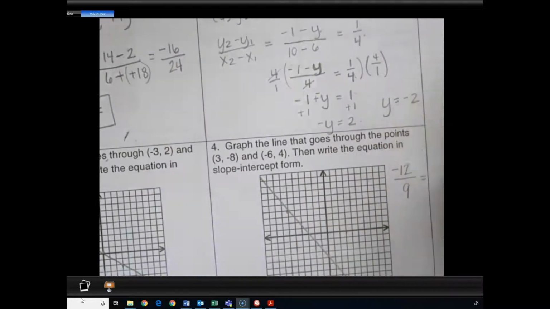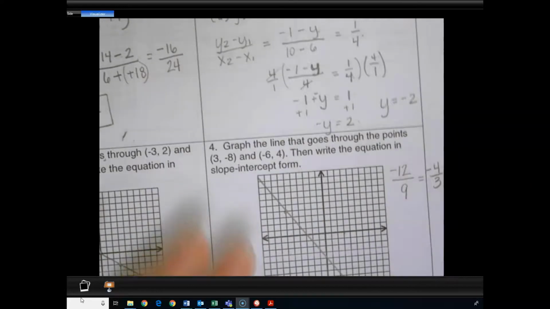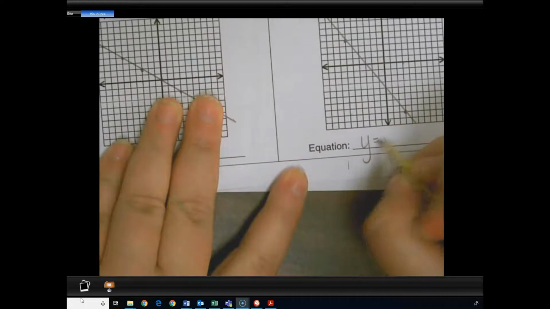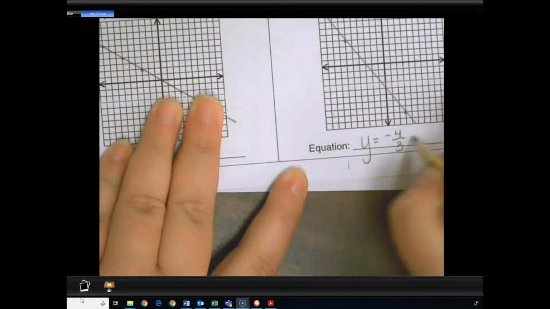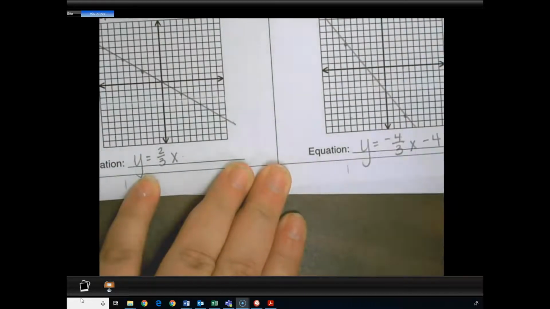That can be simplified to negative 4/3, which I got by dividing both by 3. So y equals negative 4/3 x plus where it crosses, 1, 2, 3, 4, minus 4.